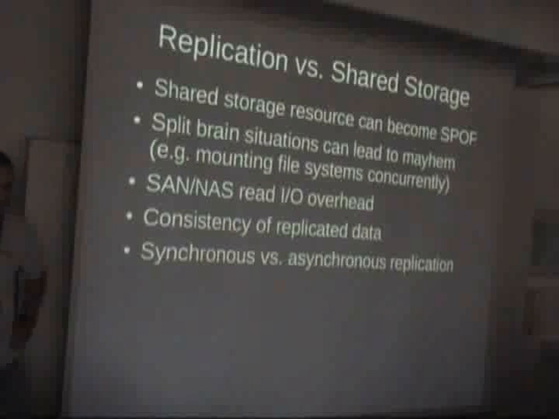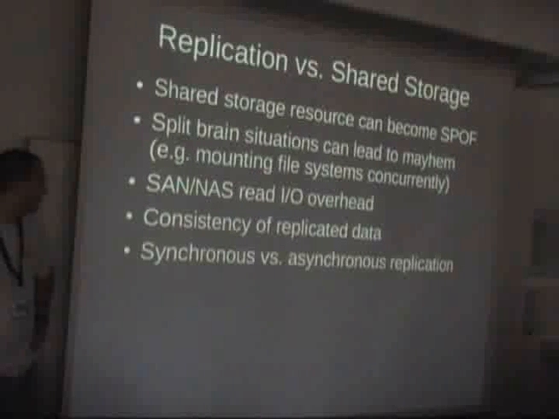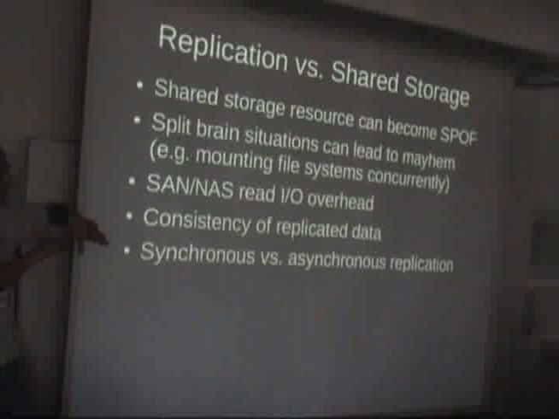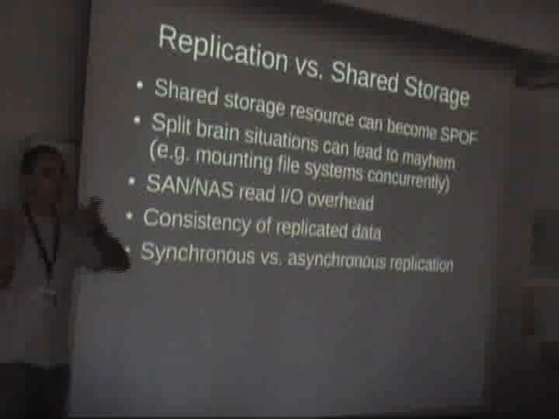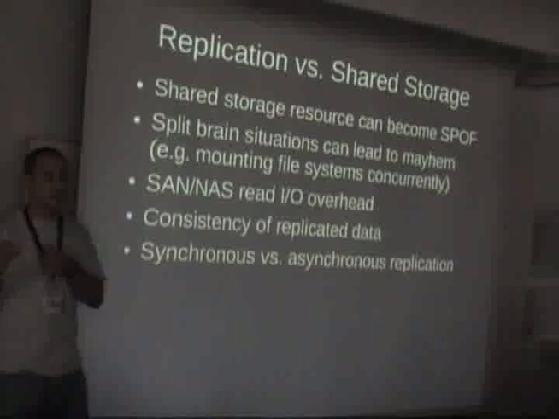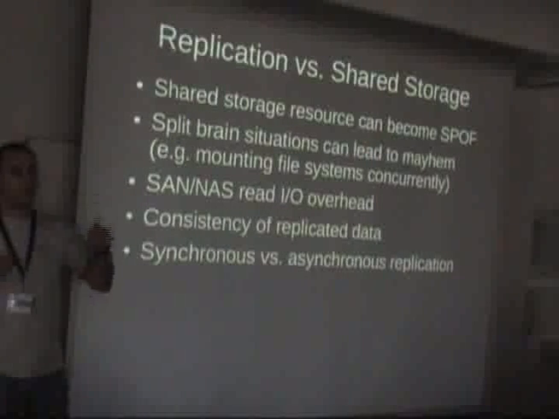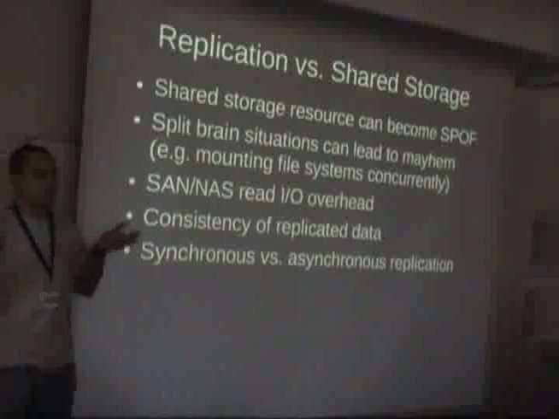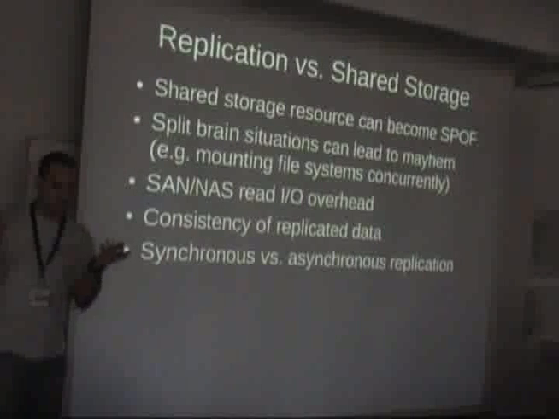If you replicate and copy data between the two machines, you can either do it synchronously, which means that every change on the one system is automatically and synchronously replicated to the other side, and the application only can continue when both sides have been updated and have an identical copy again.